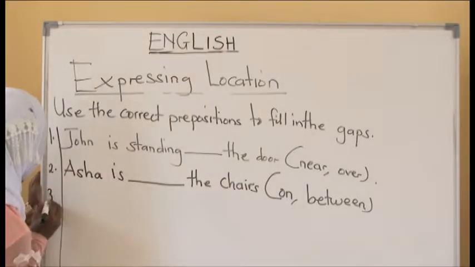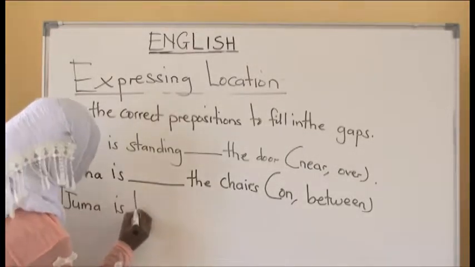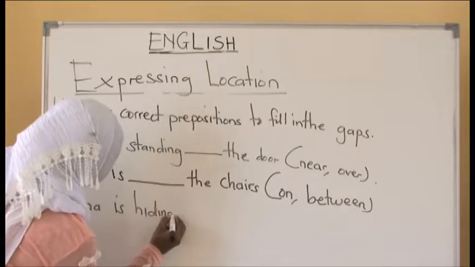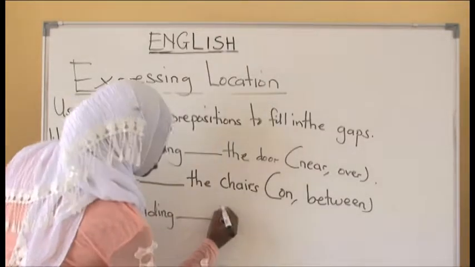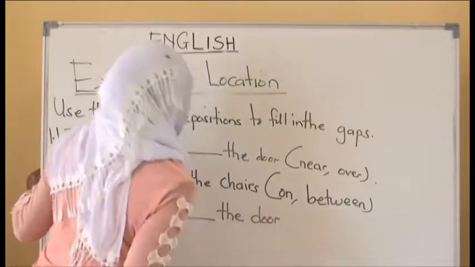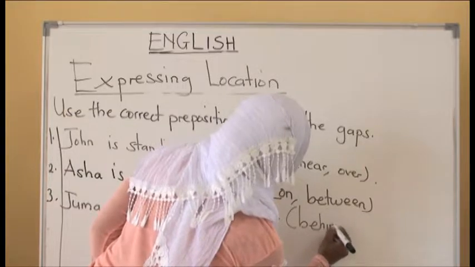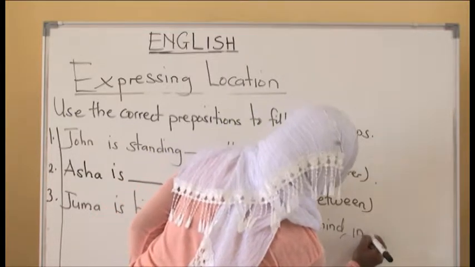Question number 3. We have Juma is hiding dash dash the door. Here we have the word behind. Here we have the word inside.